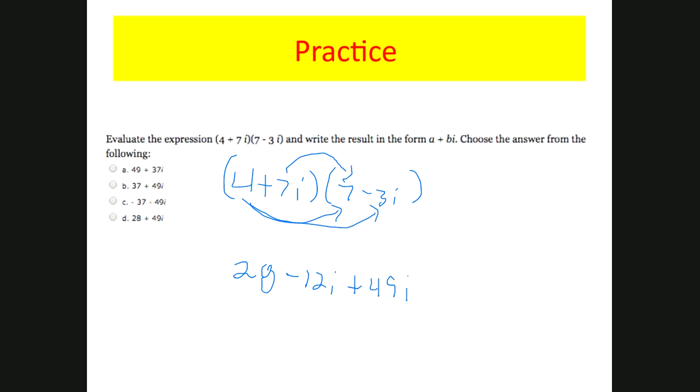And 7i times negative 3i, that's negative 21i squared. i squared is negative 1, so negative 21 times negative 1 is positive 21. All right, so I have positive 21 here, positive 28 there, that's 49. And then negative 12i plus 49i, let's see here, I don't want to make a mistake on this, so that's 37i. So 49 plus 37i, looks like letter A there.